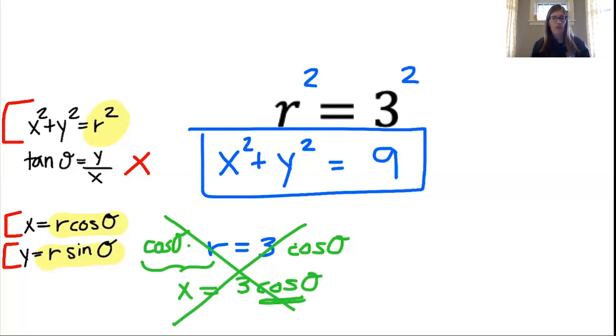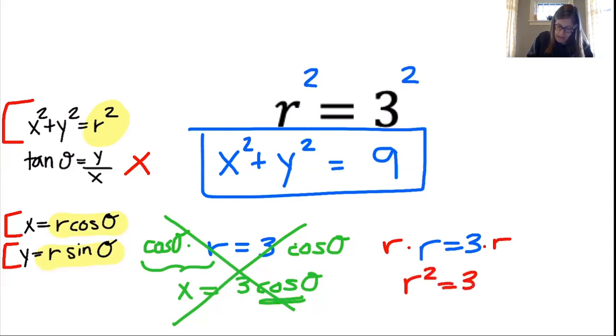Same thing if you thought about how you could get r squared. If you were going to multiply both sides by r, I'll write it out. r equals 3. Maybe you thought, I'll multiply both sides by r, so then I have r squared equals 3r.